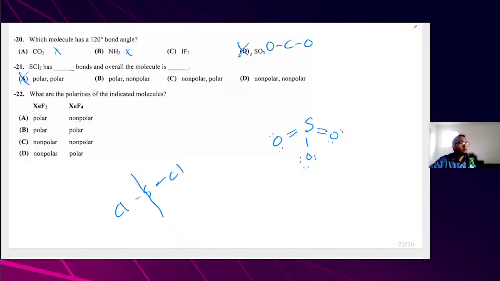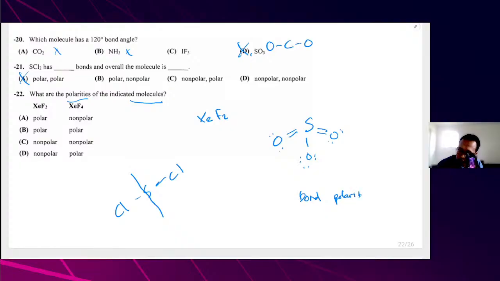Okay. What are the polarities of the indicated molecules? Okay, XeF2. So the molecule polarities. There is a concept of bond polarity.